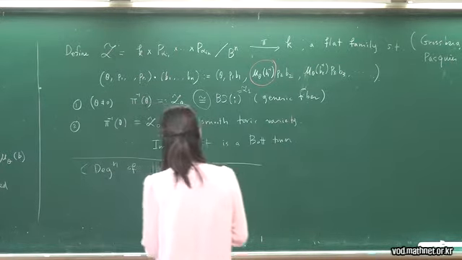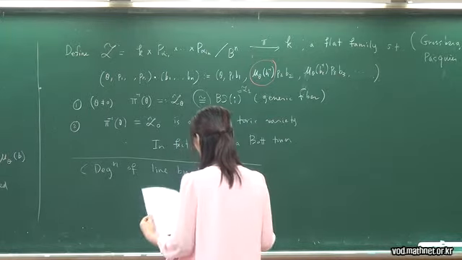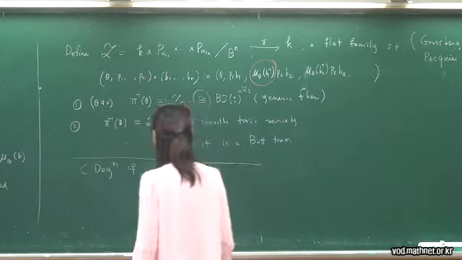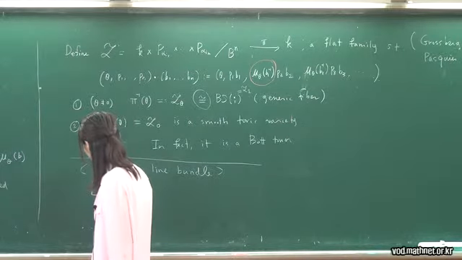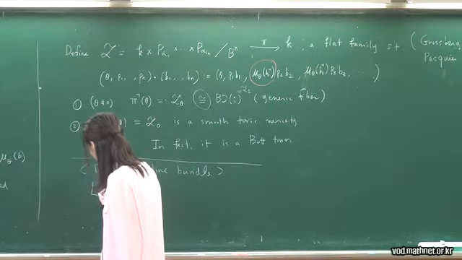What I'm trying to say is, any line bundle on the Bott-Samelson variety can be represented as follows.